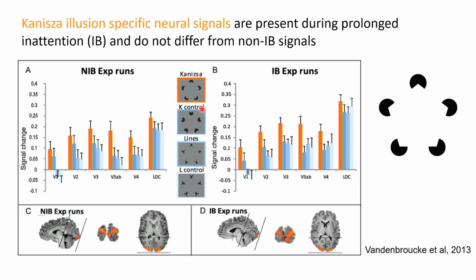They would say, yeah, I saw these things in the surround, but never really realized that they were forming these kinds of things. But regardless of this prolonged inattention, as it's called, you still get this neural signature of the Kanizsa figures being there. Could even argue it's even a bit stronger.